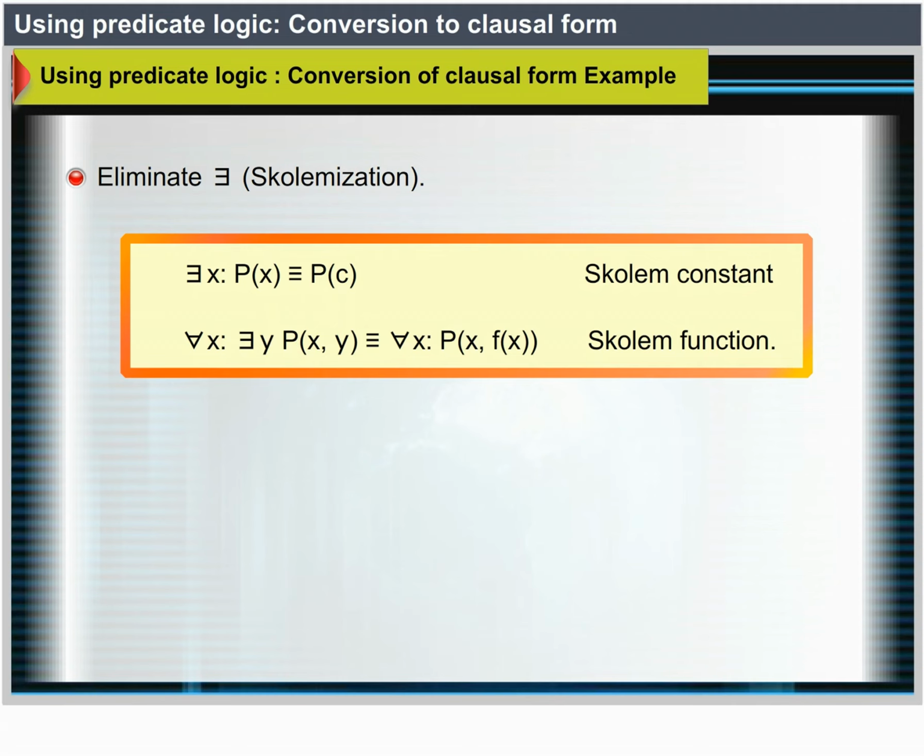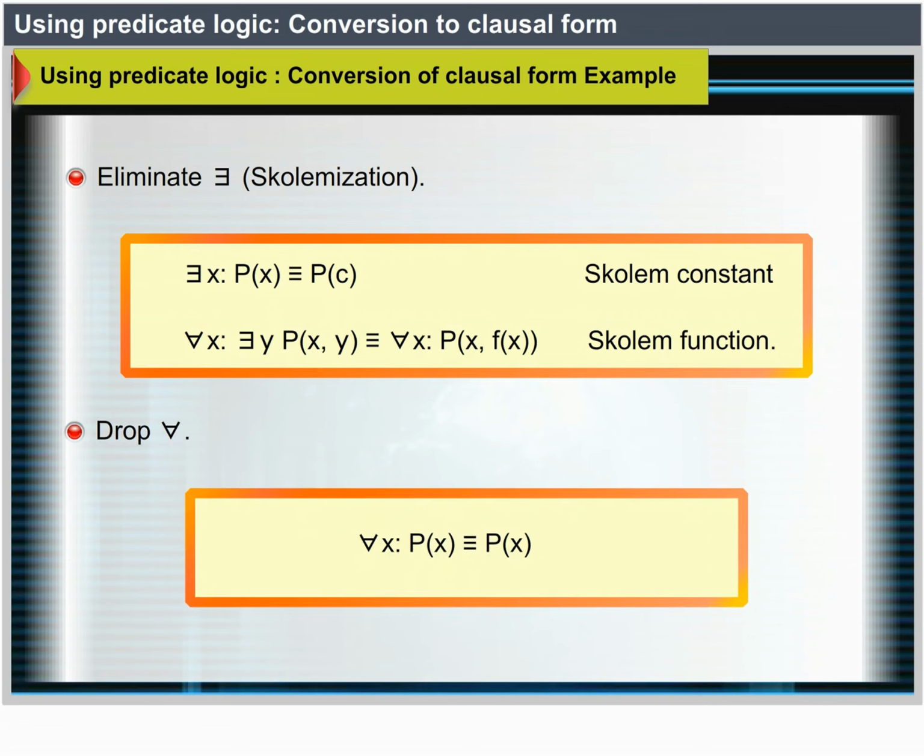For all x such that there exists y, P of x, y is equivalent to for all x such that P of x, F of x, where F is a Skolem function. Drop for all: for all x such that P of x is equivalent to P of x.